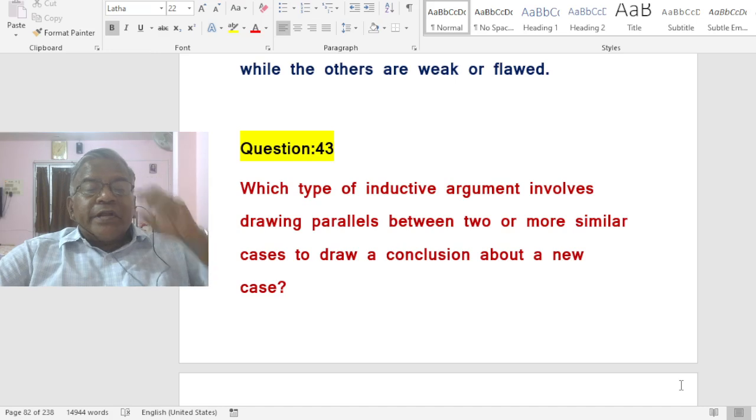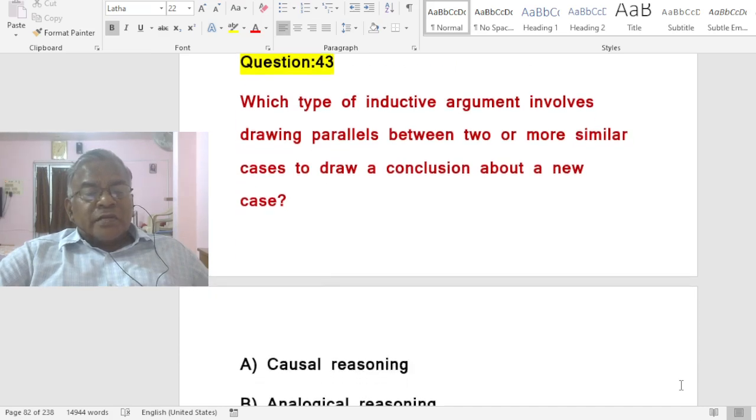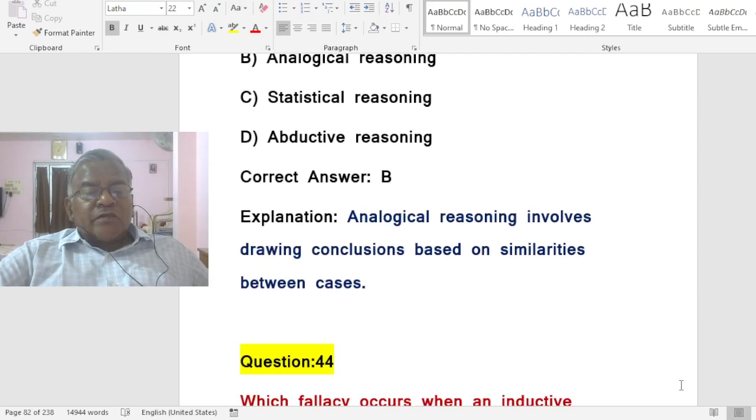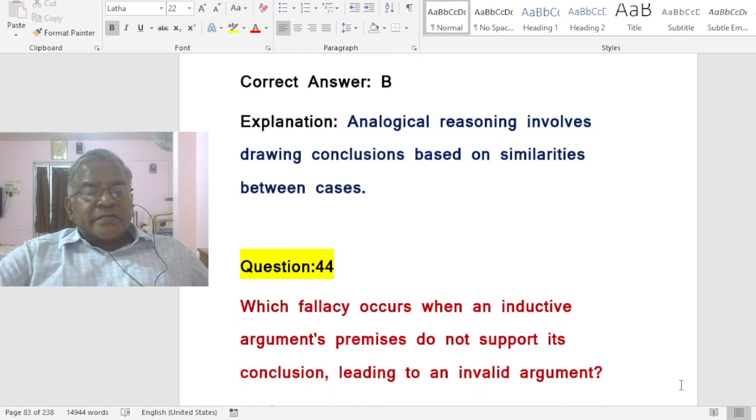Which type of inductive argument involves drawing parallels between two or more similar cases to draw a conclusion about a new case? That is analogical reasoning. Analogical reasoning involves drawing conclusions based on similarities between cases.